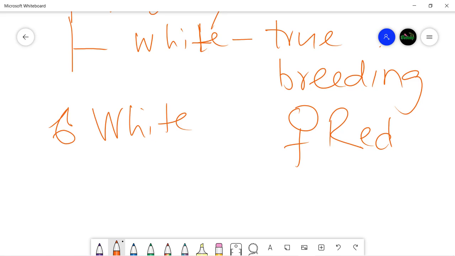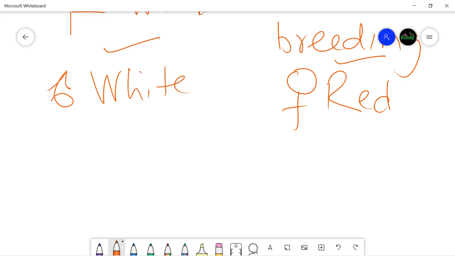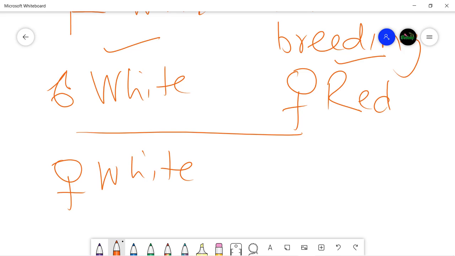He considered the results in F1 and F2, and then he made a reciprocal cross: in the next few crosses he crossed a white-eyed female with a red-eyed male. Now what Morgan found was that the results of these two crosses were totally different.